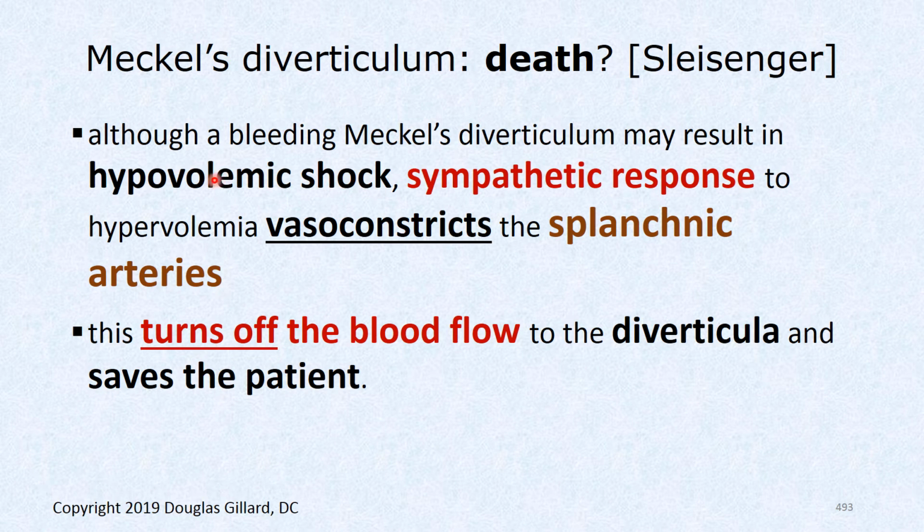You'll learn that the vasomotor center in the medulla is like a tiger cage, and the tiger is the sympathetic outflow. Sympathetic outflow hits the tunica media of the splanchnic arteries, and it basically shuts off the bleed as a life-saving measure. So bottom line, the kids usually don't die from this, but they get very, very sick.